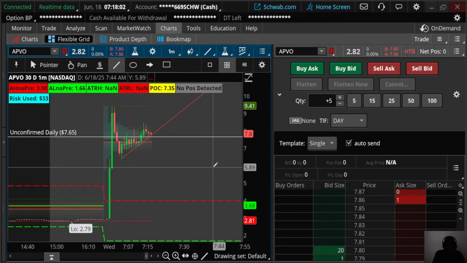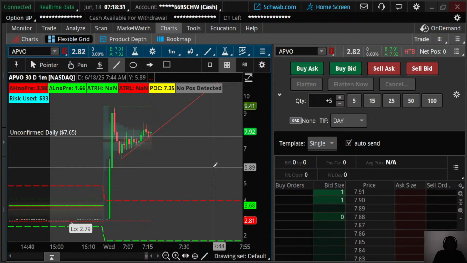Holding up that 765, but we have not seen that breakdown just yet. So it's looking like it's holding up the 765 there.